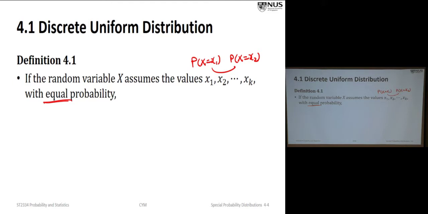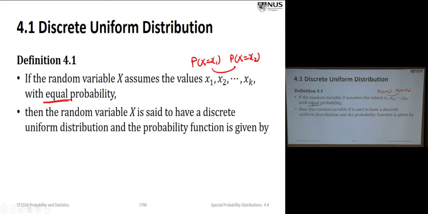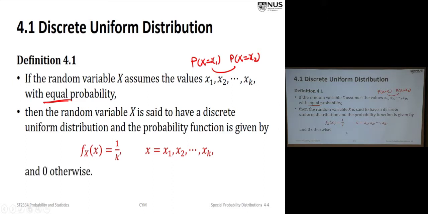All right, the sum of all the probabilities over all possible values of the random variable has to be 1 for the discrete case. So we say that x has a discrete uniform distribution, and this is the probability function. Now, usually we just write it like that, but to be complete, we better describe that this is equal to 0 otherwise.